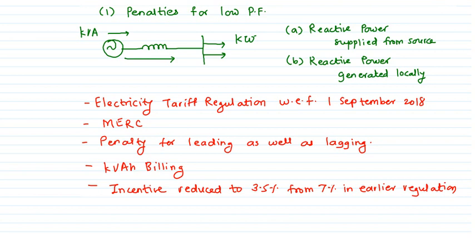There is a typical band for which you can get this incentive. What that particular band is, I will tell you. Let us first understand the ranges for penalties, and then we will go to the ranges for incentives.